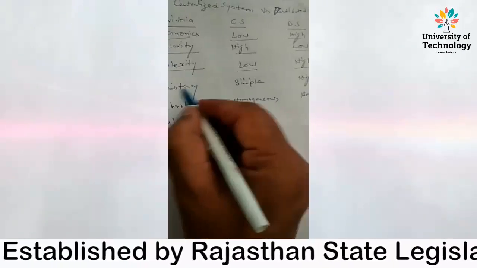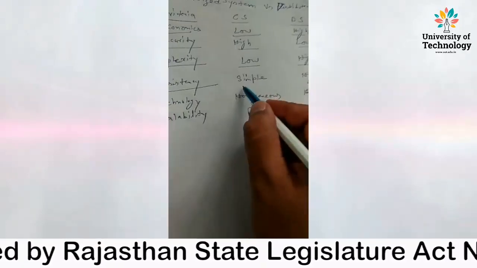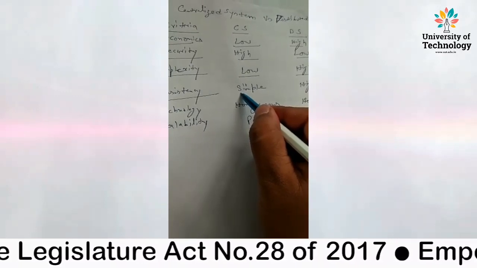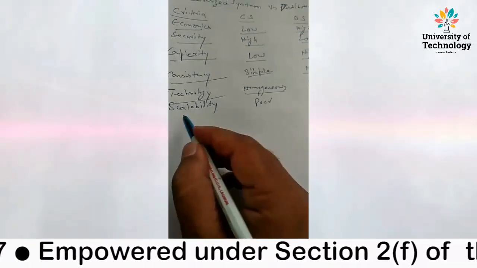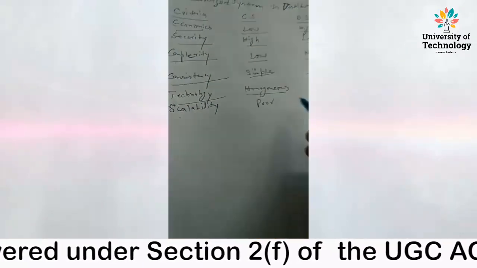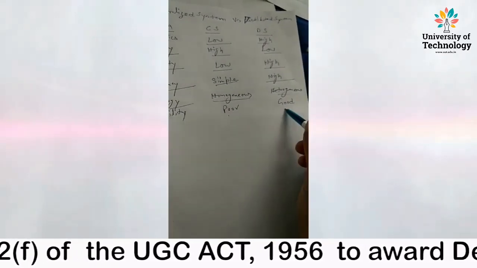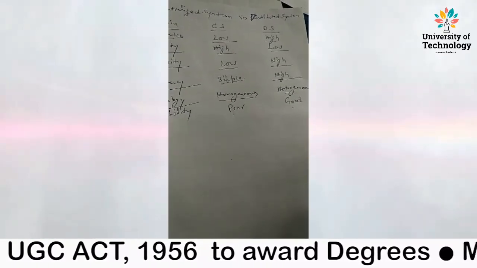Consistency: in the centralized system it is simple, and here high. Technology: homogeneous and heterogeneous. Next, scalability: here poor, and here good.